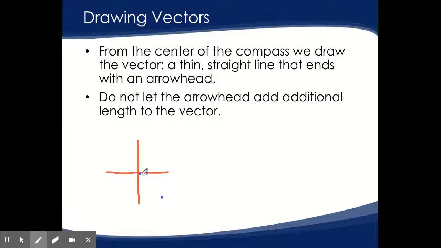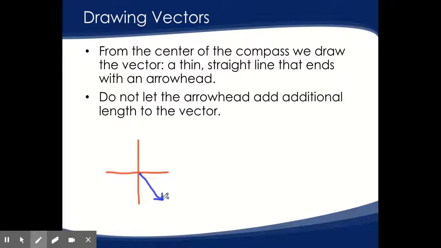So I might say that it's 2 centimeters long. So I would draw a straight line from here. That's not a straight line. Make sure you guys use rulers. But if my measurement was 45 degrees south of east, I would figure out where that angle is, and then draw a straight line at the length that it needs to be. The very end of that should just be at the end of the length that you measured, and then you add the arrow tip, the arrow point, onto it.